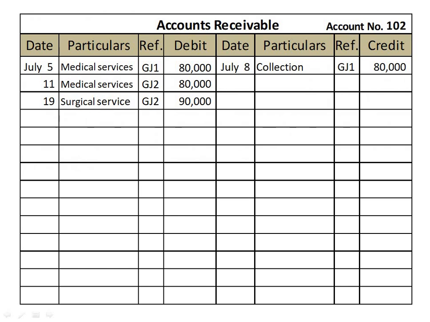Let's determine the July 31 accounts receivable balance now, beginning with the debit side. 80,000 plus 80,000 plus 90,000 minus 80,000 on the credit side equals positive or negative in your calculator. Positive 170,000, which means debit balance.